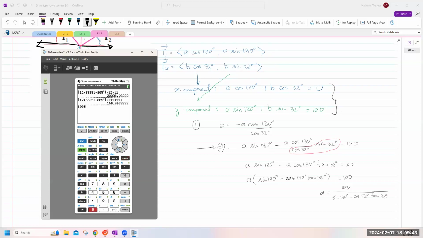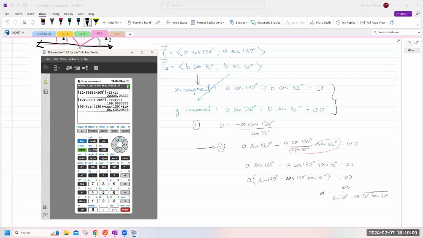100 divided by parenthesis sine 130 degrees close parenthesis minus cosine 130 degrees times tangent 32 degrees.